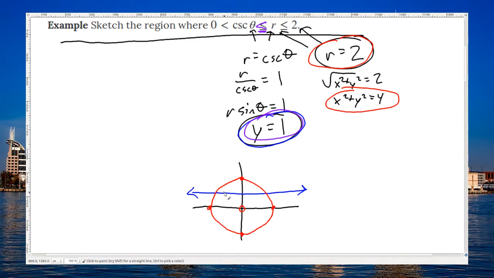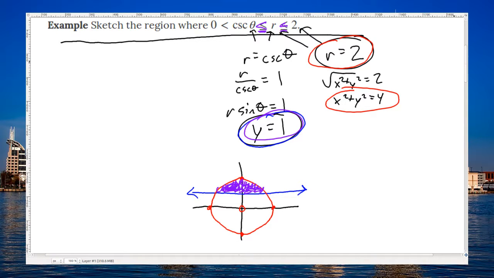Since we're bigger than it, the radii should be bigger, but we're less than or equal to the radius equaling 2, so we should be inside of that, and that's why we shade between the two curves at this position here. We get this top chunk of the circle, and that's the region where all of my r and theta values satisfy this inequality up here on top.